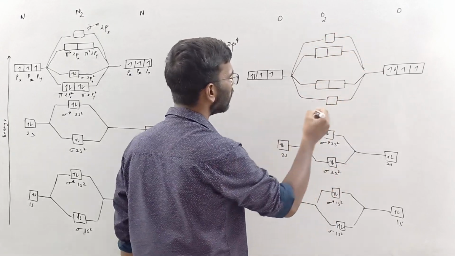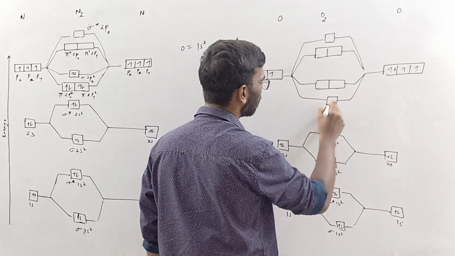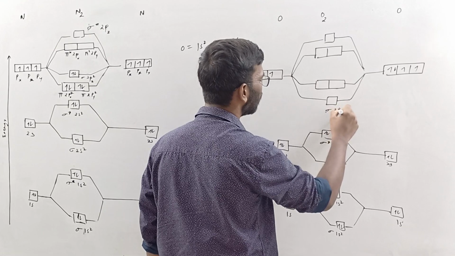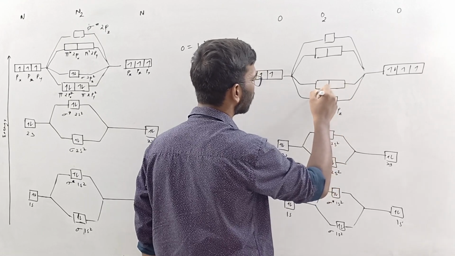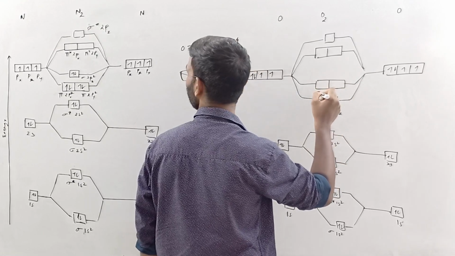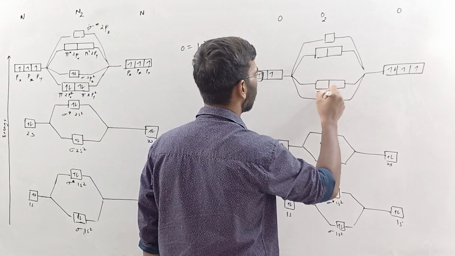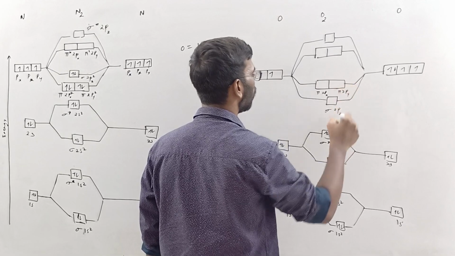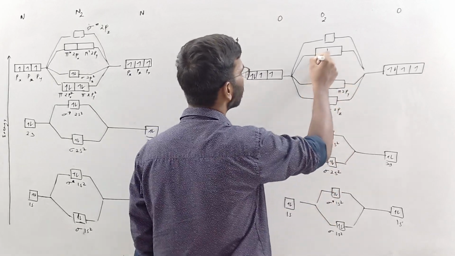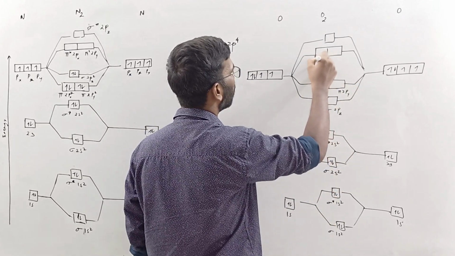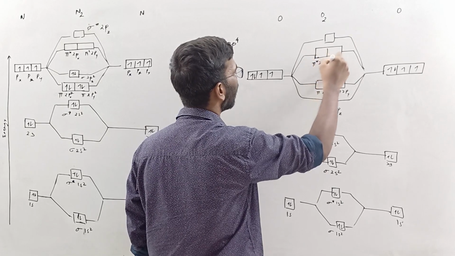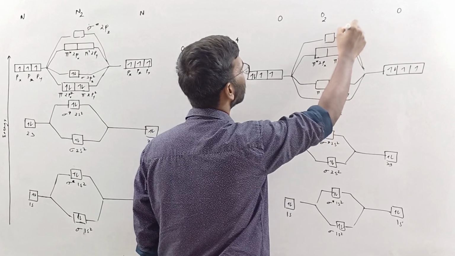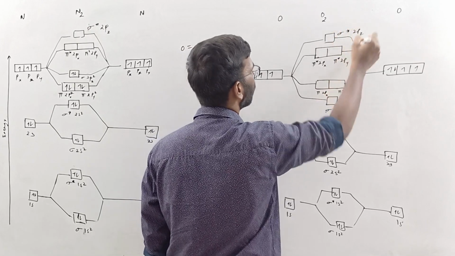So now this is sigma 2pz, this is pi 2px, and this is pi 2py. This is pi star 2px, this is pi star 2py, and this is sigma star 2pz.